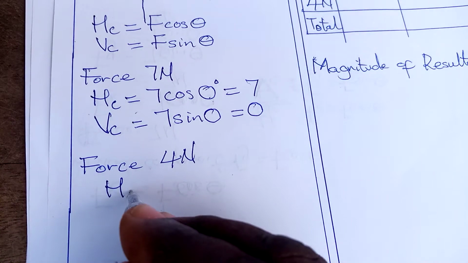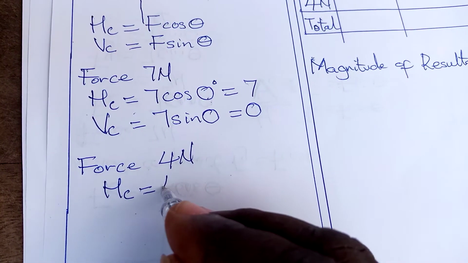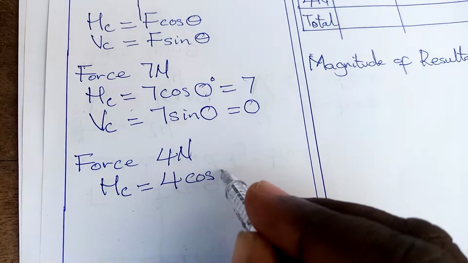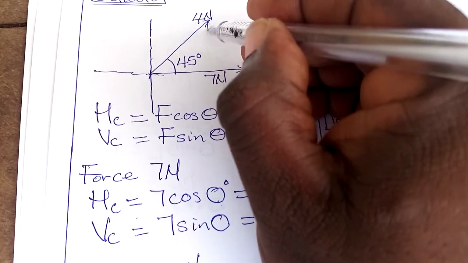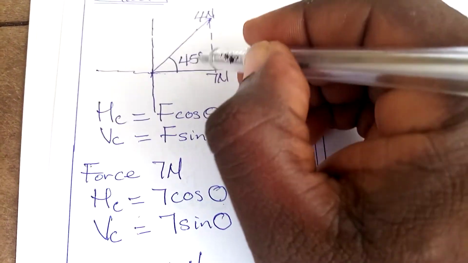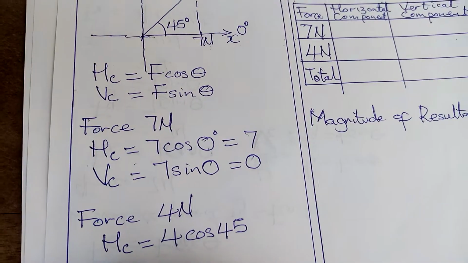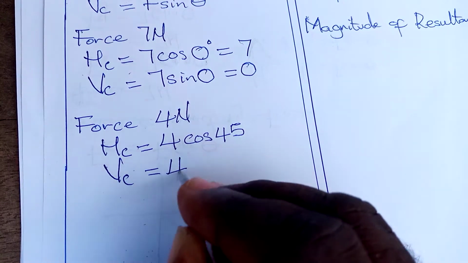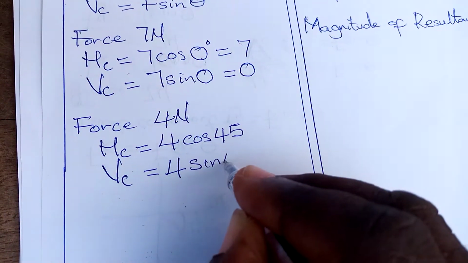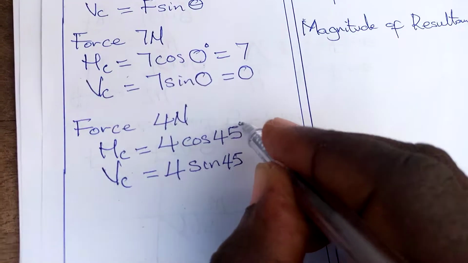So let's go for force 4 newton. The horizontal component is 4 cos 45 degree. That is the angle for this 45 degree. And the vertical component is 4 sine 45 degrees.